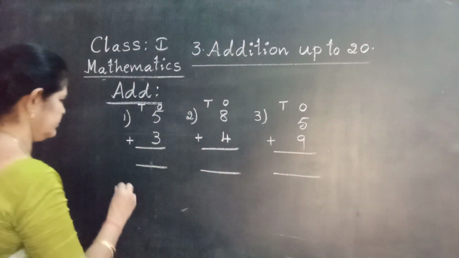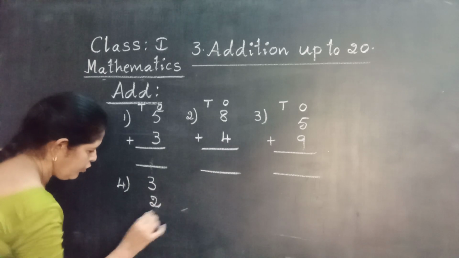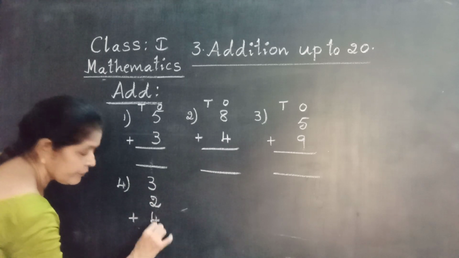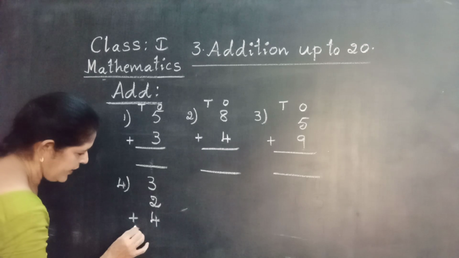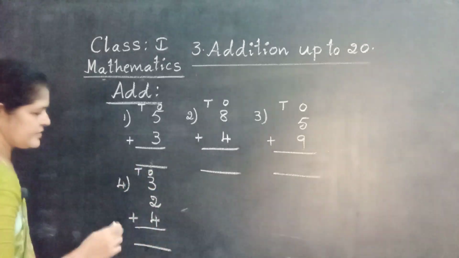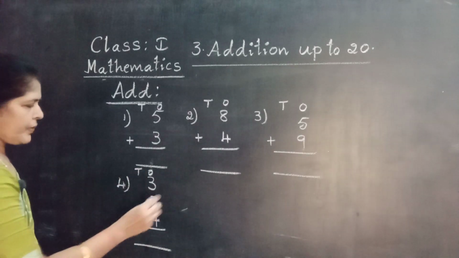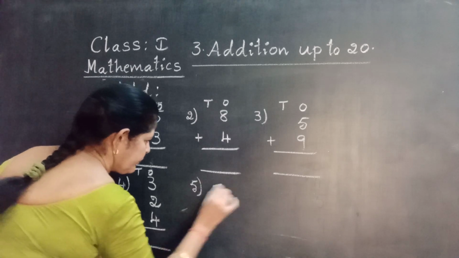Next, fourth one. 3 plus 2 plus 4. Ones place, tens place. Write in the two boxes. Fifth one.